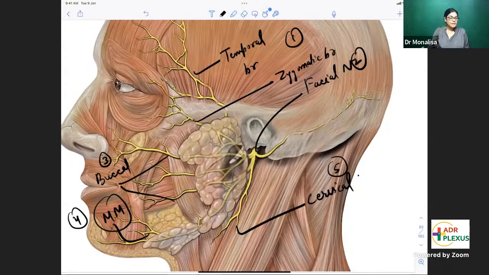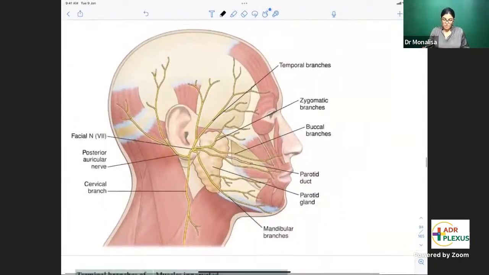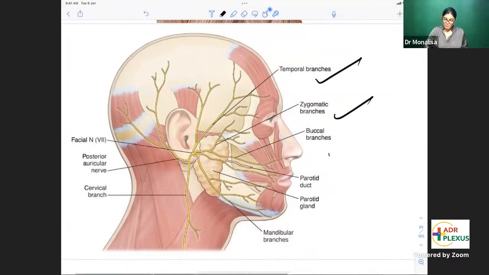It is important to know that these 5 terminal branches give innervation to the muscles of facial expression. It is also important that we know which muscles get innervation from which branch. So we can appreciate here the temporal, zygomatic, buccal, marginal mandibular, and cervical branches.